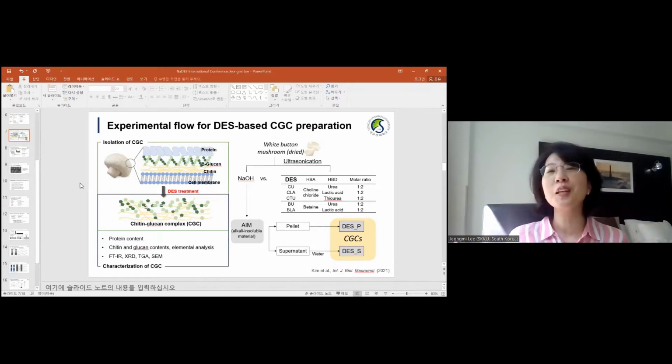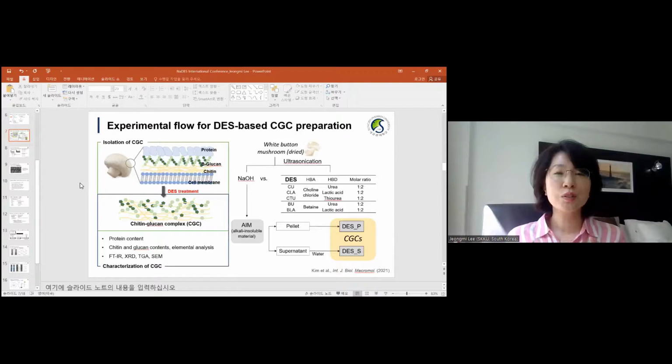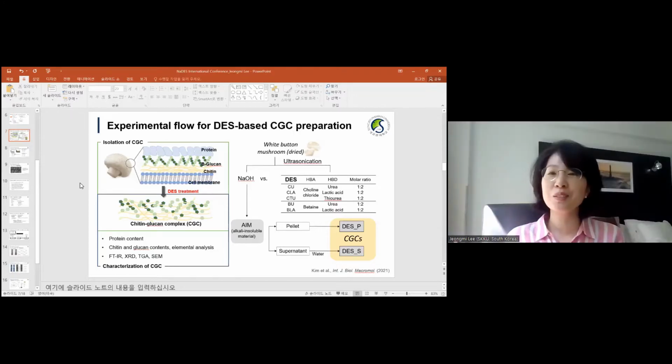So I was definitely thinking about testing other types which are much cheaper, but our defense for using the white button mushroom was that we just don't need to use a high-value or merchandisable mushroom for this chitin glucan complex preparation. If we can get any kind of low or no commercial value mushroom, then it should be fine. But that's a very important issue.